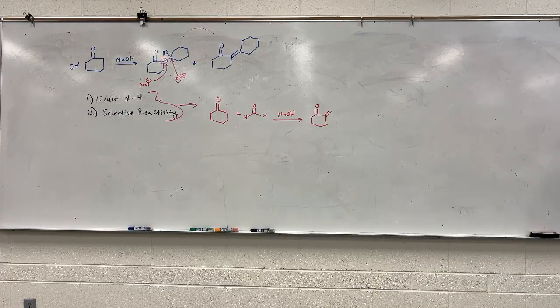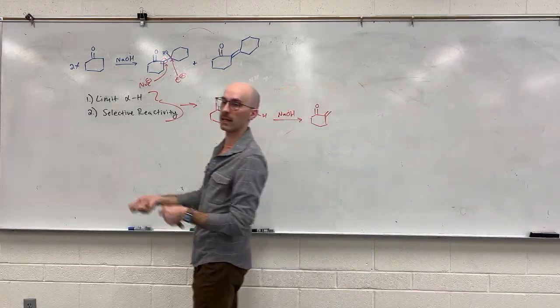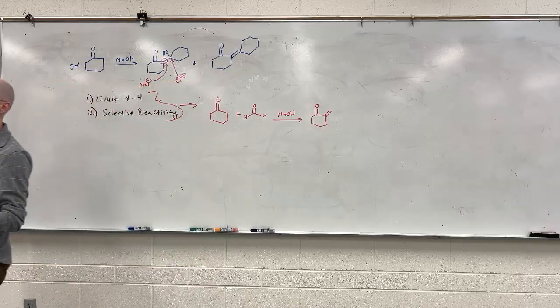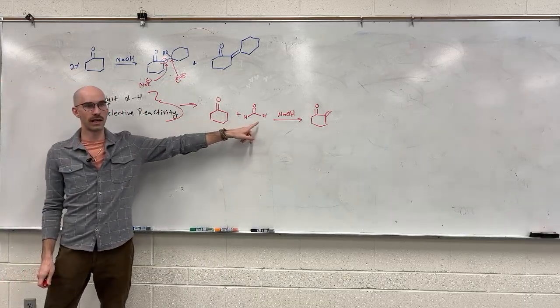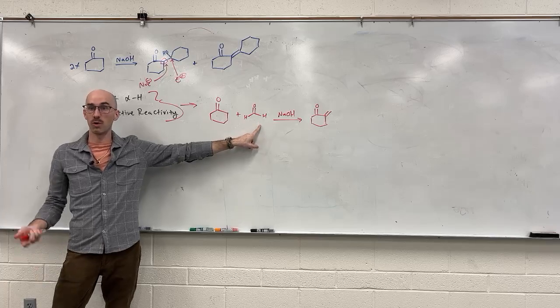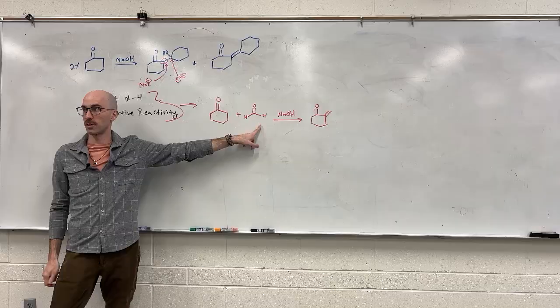So when a molecule of cyclohexanone becomes a nucleophile, will it more easily attack a molecule of formaldehyde or attack another molecule of cyclohexanone? Selective reactivity says it's more likely to attack the more reactive electrophile. This takes less energy, so it's going to happen sooner.